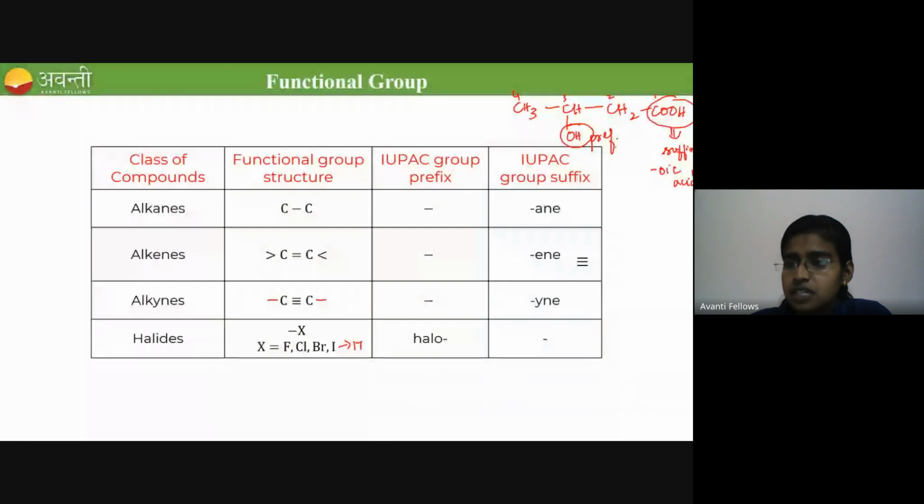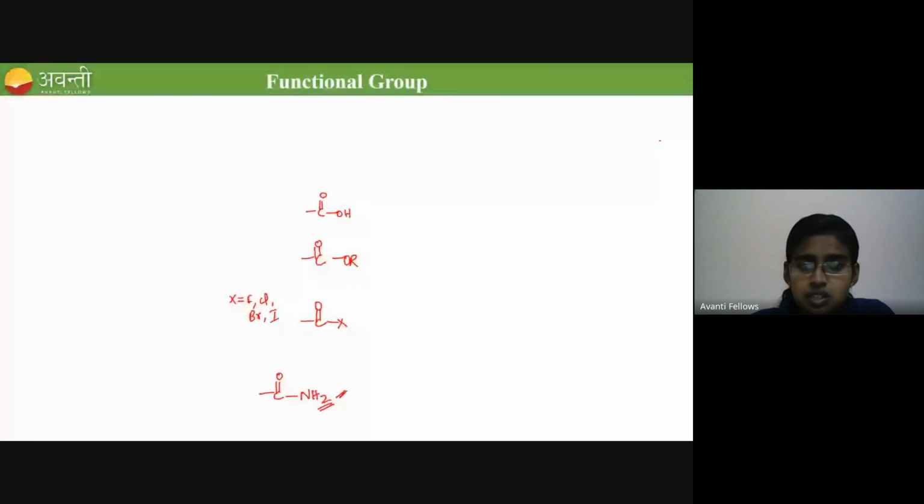What is the prefix for OH? It is hydroxy. The prefix for OH is hydroxy and the suffix for OH is OL, right? Since OH comes in the second priority here in this compound, we are using the prefix of it. Got it? Clear, students?